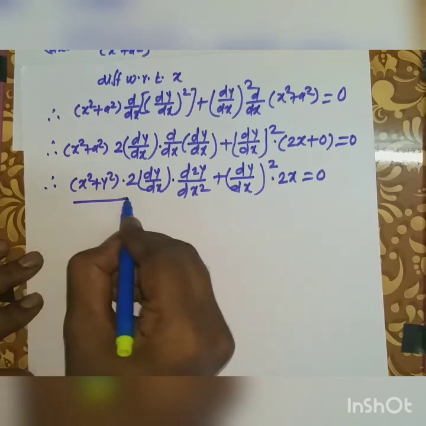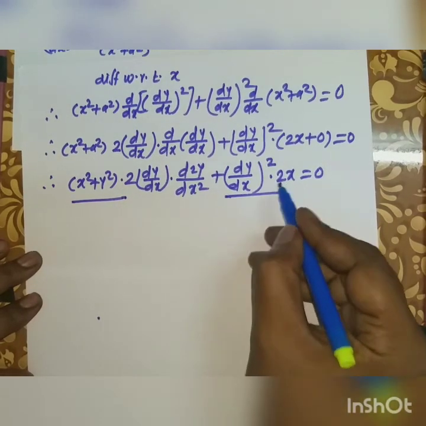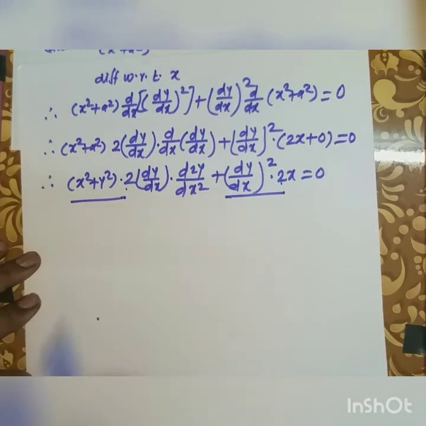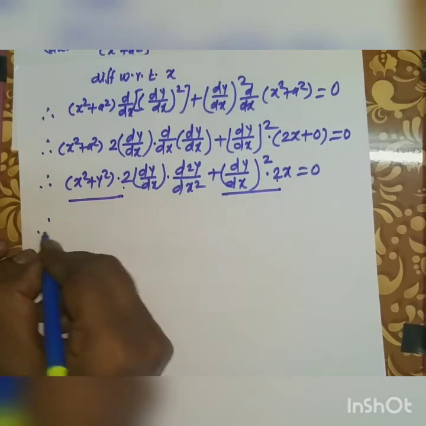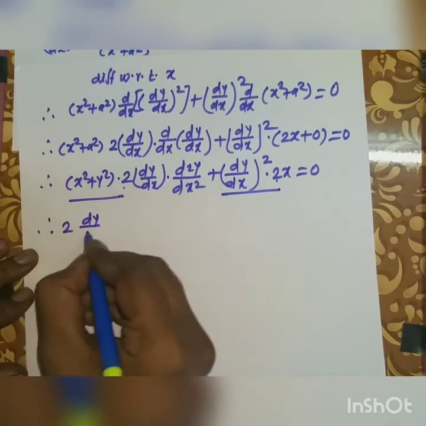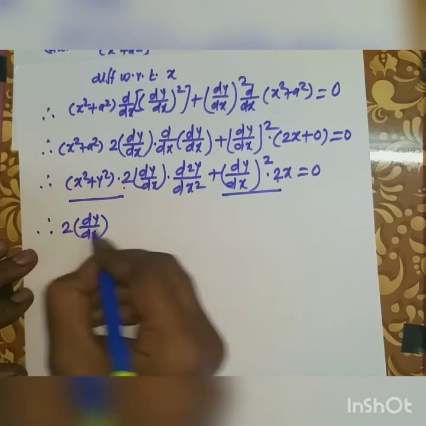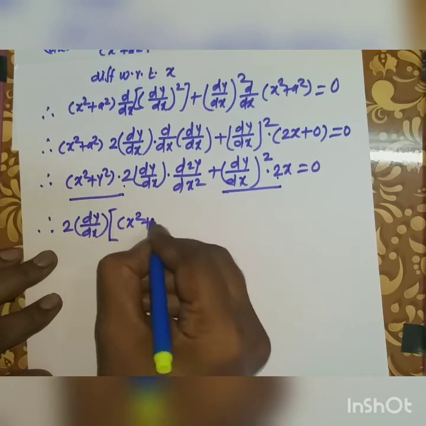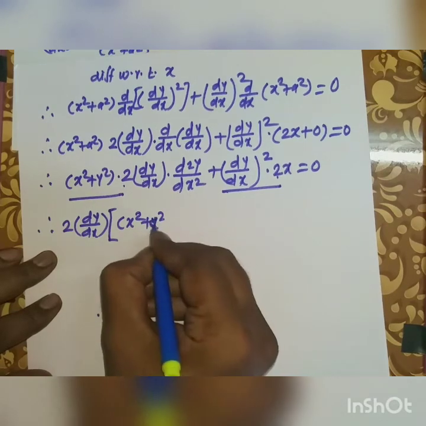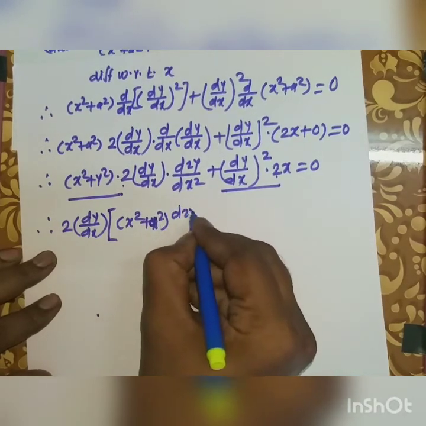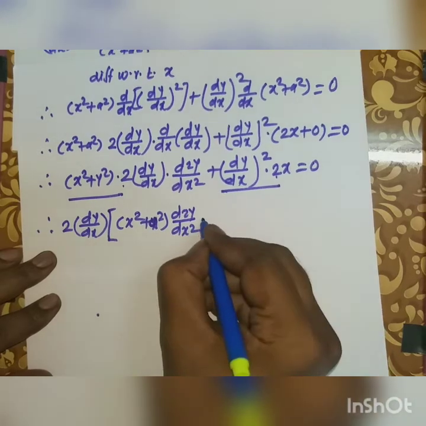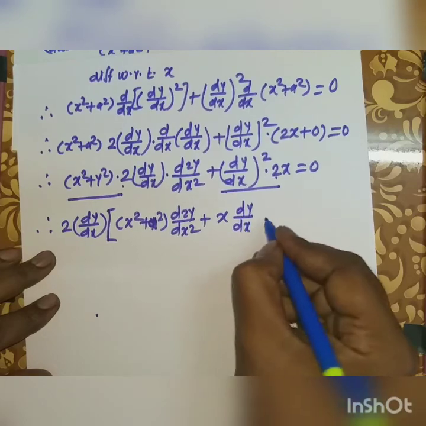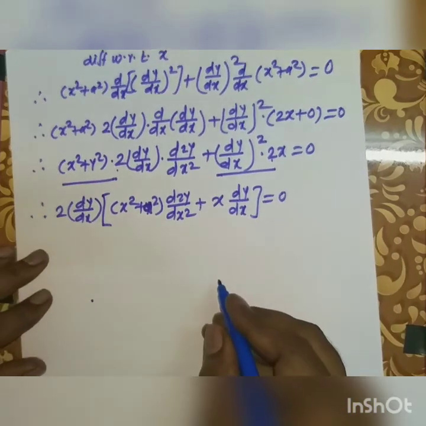Now in these two terms, 2 is a constant, and dy by dx is also common. Therefore take twice dy by dx common on both terms. The remaining term is x square plus a square into d2y by dx square plus x into dy by dx is equal to 0.